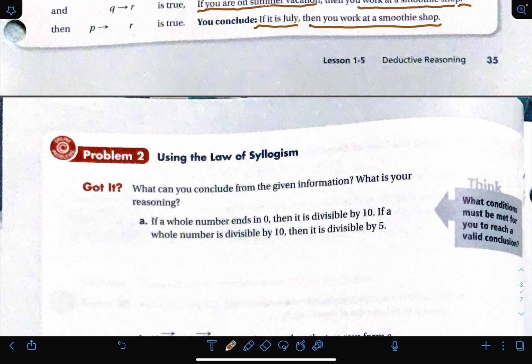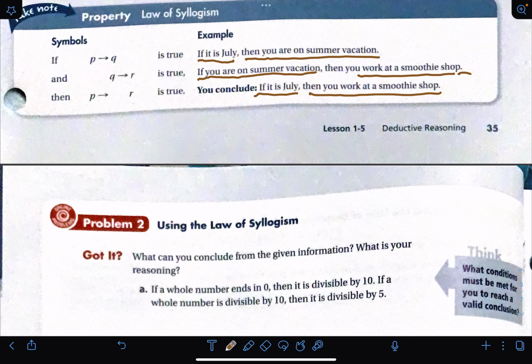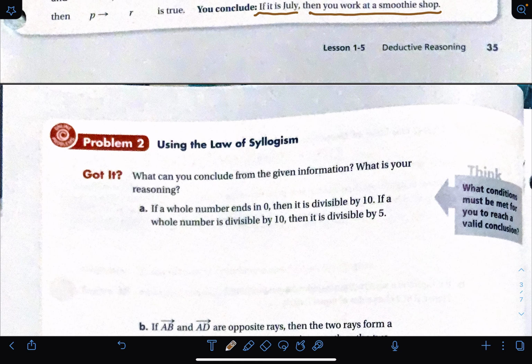Okay. So problem 2. Here's an example. If a whole number ends in 0, then it is divisible by 10. If a whole number is divisible by 10, then it's divisible by 5. So let's see.